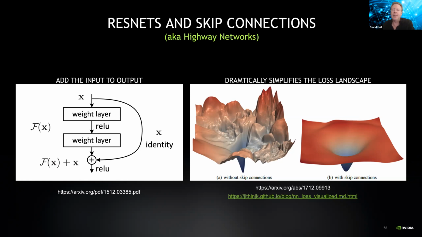It also makes it simple to learn the identity function or small deviations from it called residuals. This enables us to build arbitrarily deep networks, where the signal can pass through many transformations or none as needed, allowing the network to learn both deep and shallow abstractions without manually tuning the network depth. Furthermore, it can be shown that adding skip connections dramatically simplifies the shape of the loss function, leading to faster convergence during training.